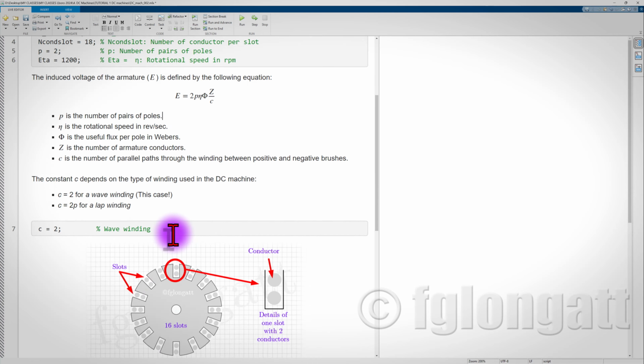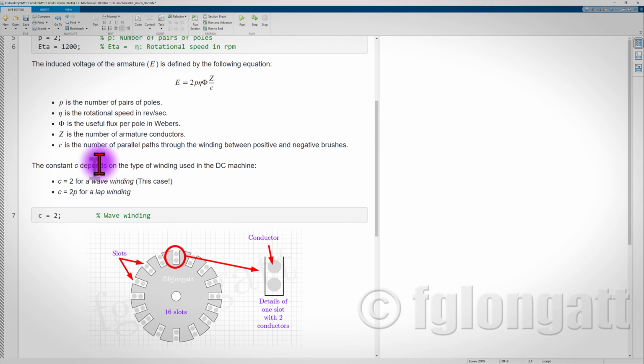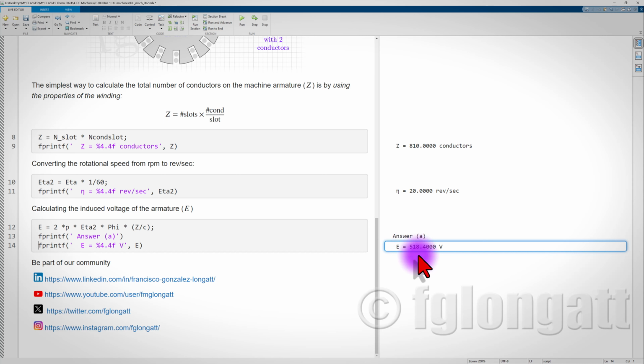So we reached the end of this video. It has been a very simple example, but it also allows you to understand that there is a huge difference between the wave winding and the lap winding. Today we used a wave winding to produce 518 volts.